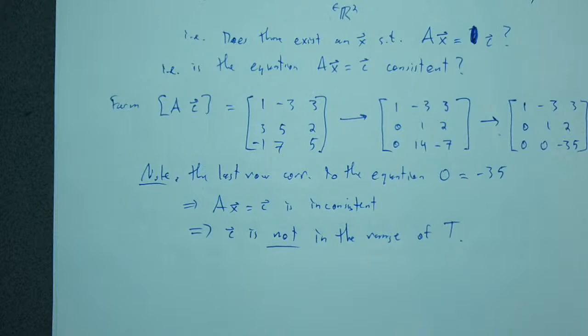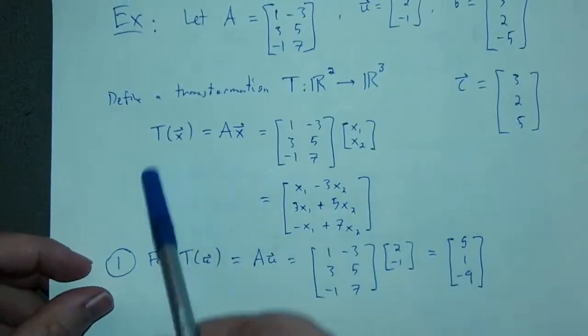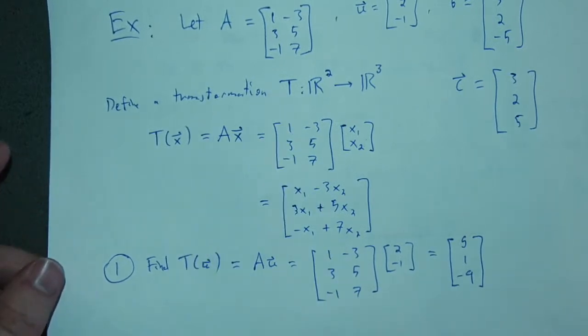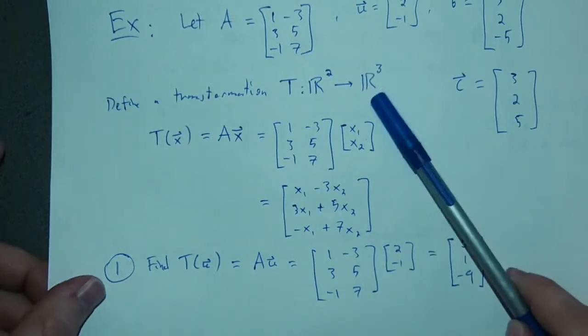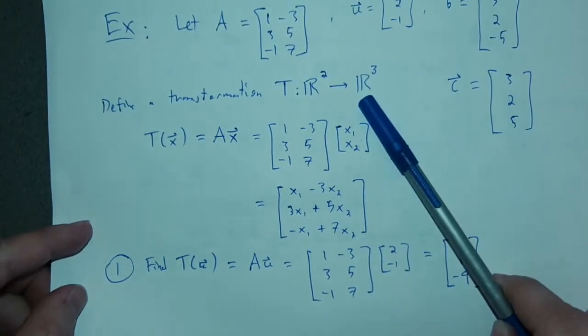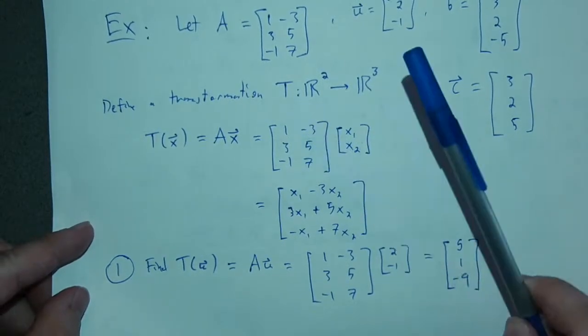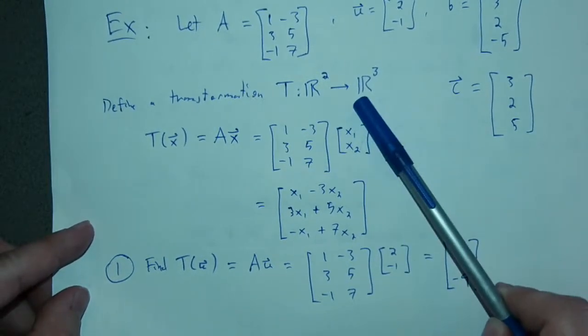Now, why is this important in general? Notice this T that I defined here is defined by this matrix A. So this is what my transformation looks like. But note that when you first saw this, R2 is the domain, and I called R3 the codomain, right?